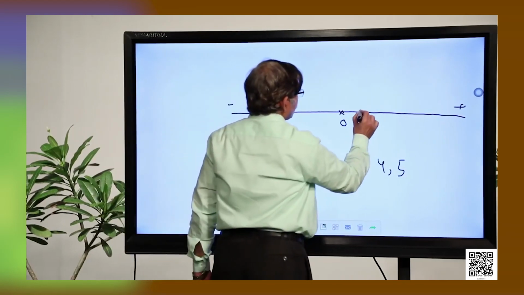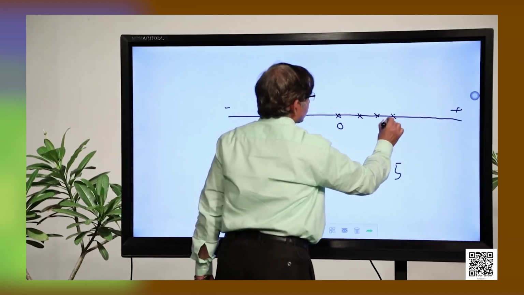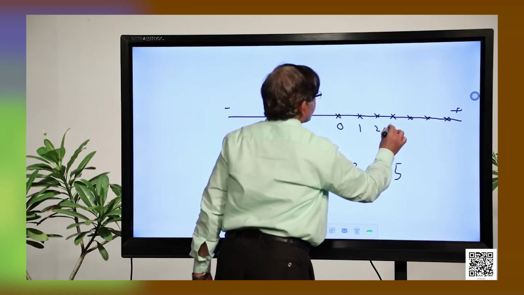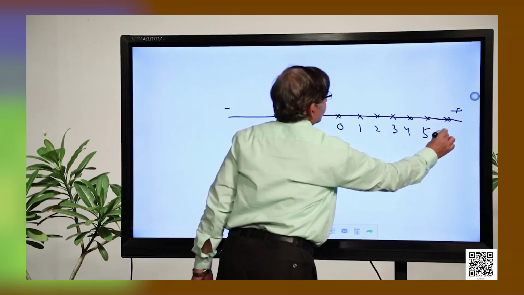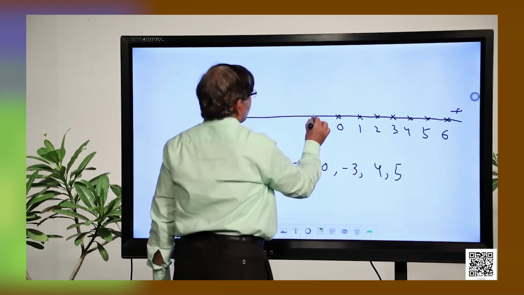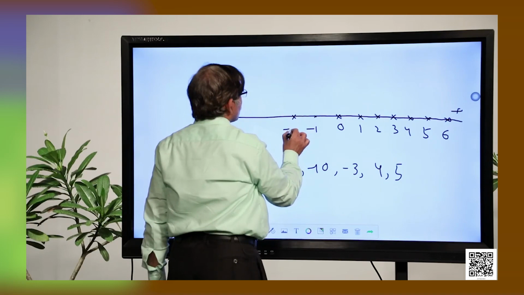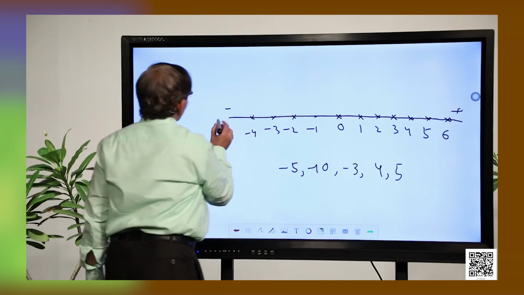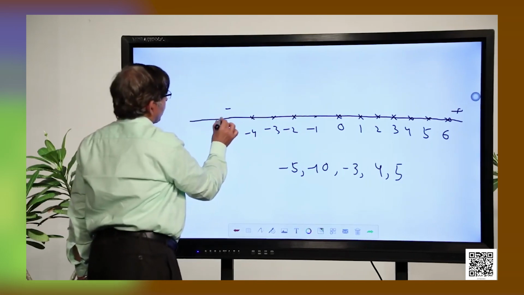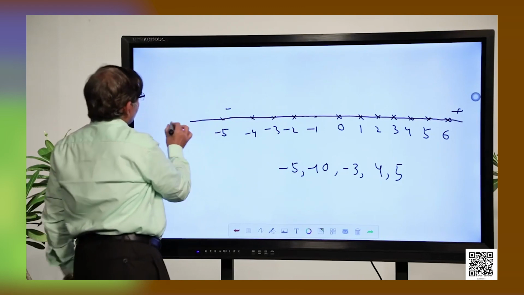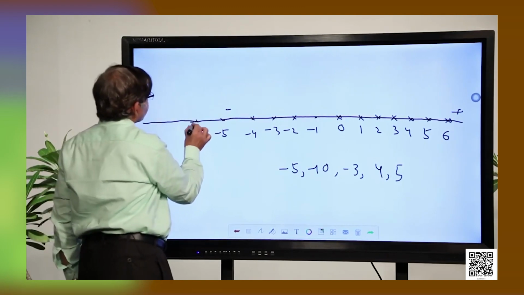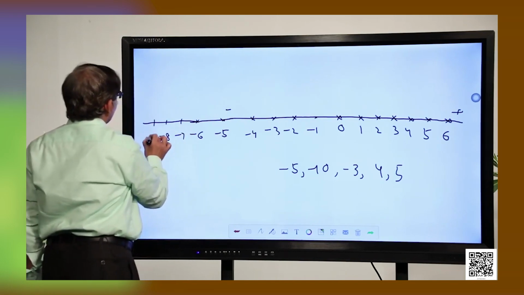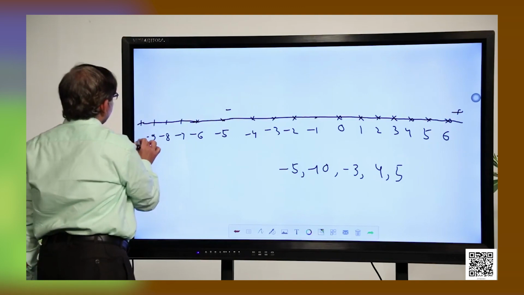So, we have 1, 2, 3, 4, 5, 6 on the positive side. This side will be minus 1, minus 2, minus 3, minus 4, minus 5. This way we can come up to minus 10: minus 6, minus 7, minus 8, minus 9, and this may be minus 10.